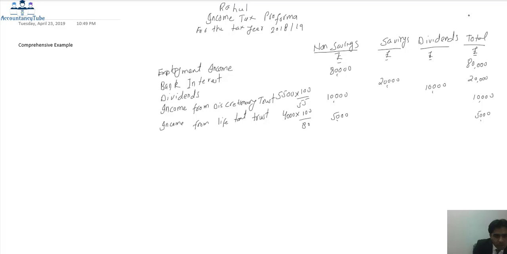So here we'll put the total income. How can we reach the total income? We'll have to make the total of all of these.